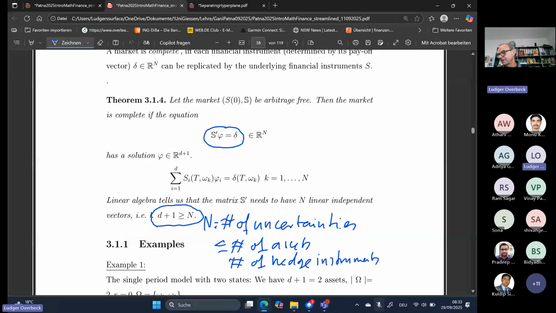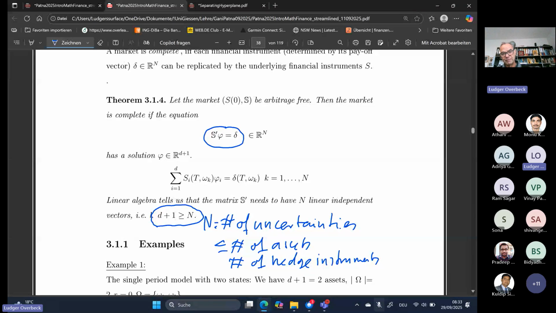So this was the answer to this question, that you need as many hedge instruments as you have uncertainties. And this we will later see. So S becomes a volatility matrix, more or less, and you see you need at least as many assets as you have uncertainties, volatilities.